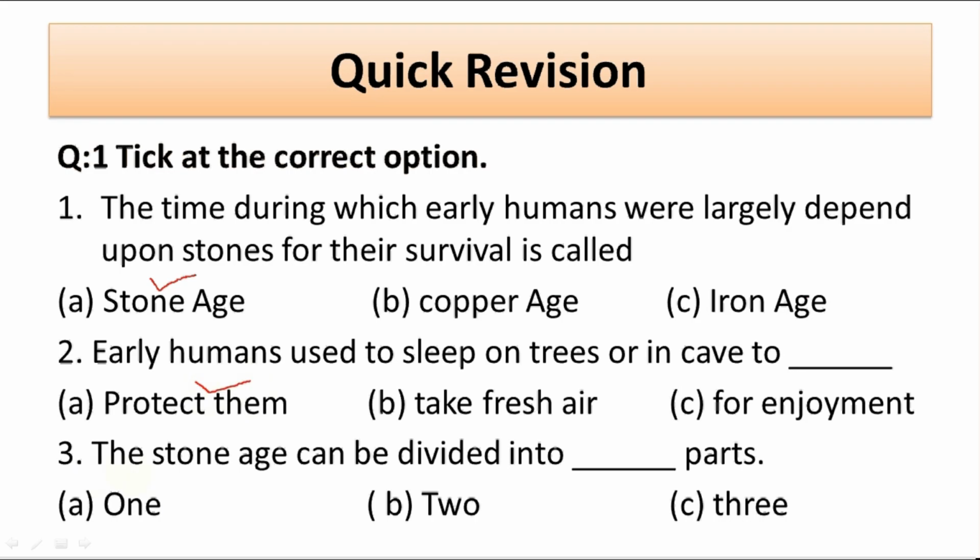Next question: the Stone Age can be divided into dash parts, and your options are 1, 2, and 3. So Stone Age can be divided into 3 parts: Paleolithic Age, Mesolithic Age, and Neolithic Age.